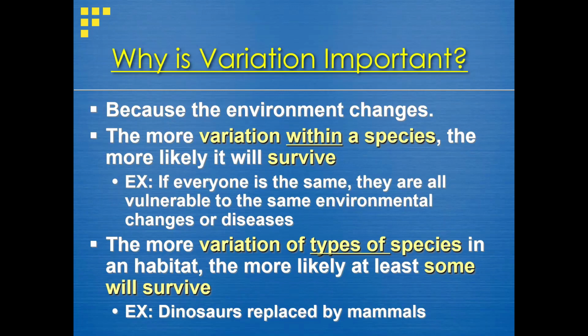So the more variation of types of species in a habitat, the more likely at least some will survive. So more variation of types of species in a habitat is important.